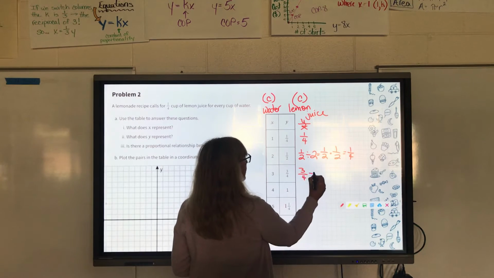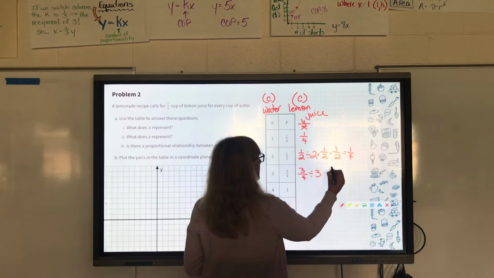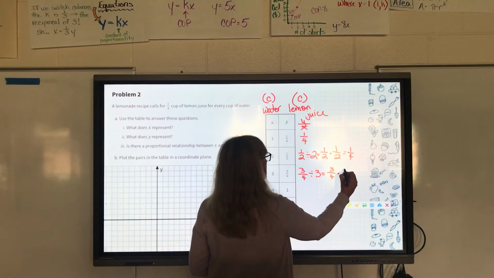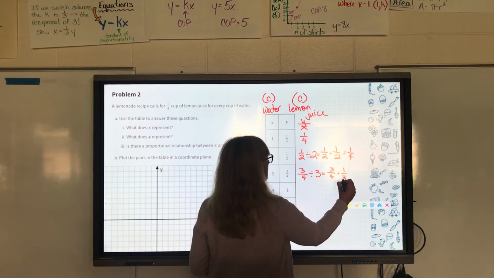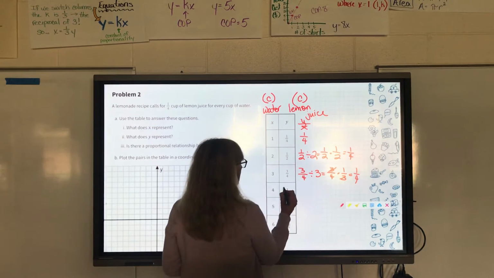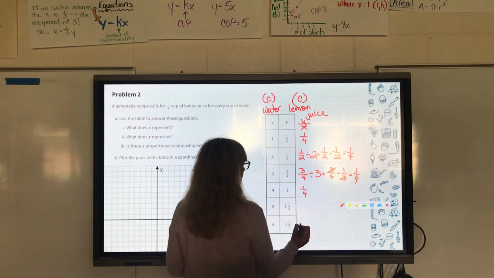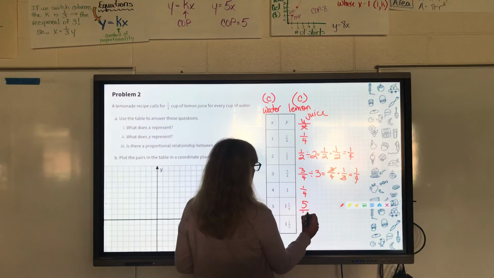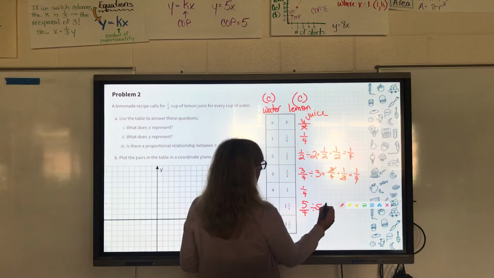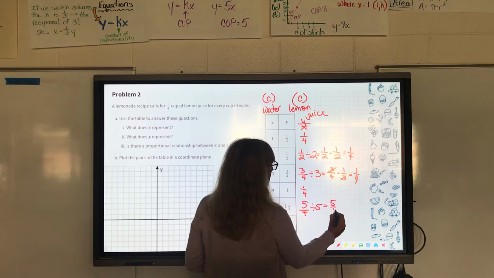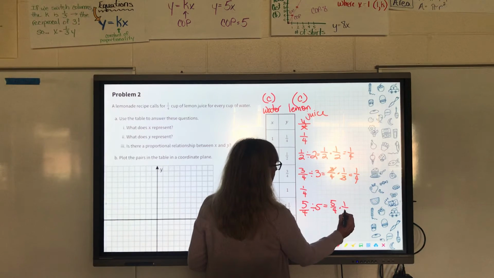3/4 divided by 3 gives me 3/4 times 1/3. Oh, does that give me 1/4? Okay, 1/4 is 1/4. This is 5/4 divided by 5, which is 5/4 times 1/5.